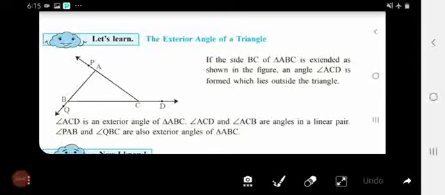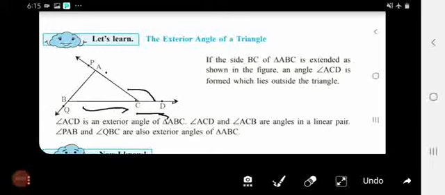For example, see here, if side BC of the triangle is extended up to point D, then one angle is created here, ACD. So this angle is called an exterior angle of the triangle.